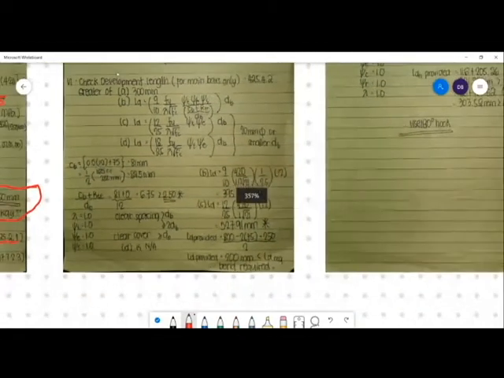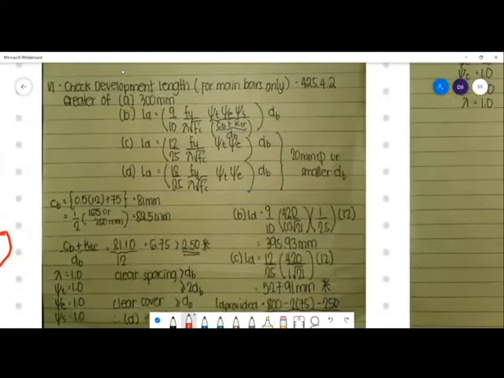Okay, so let's check naman the required development length for our wall footing from sample problem number 3. It shall be greater than A, 300 millimeter, B for the same formula B, formula C. The only difference is we have a change in formula for C and D because it's already 20 millimeter diameter or smaller.